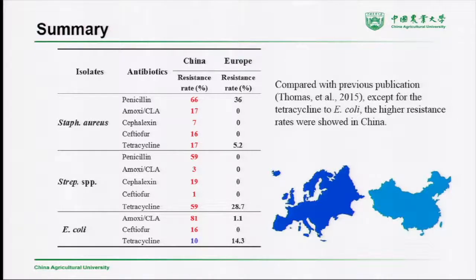According to the previous publication, compared to Europe, except for tetracycline in E. coli, a higher resistance rate was shown in China, which included penicillin, amoxicillin, cephalexin, ceftiofur, and tetracycline for Staphylococcus aureus and Streptococcus species, and amoxicillin and ceftiofur for E. coli.